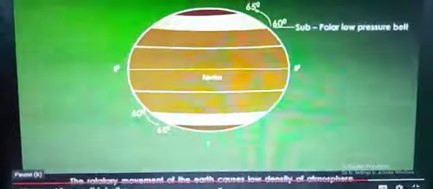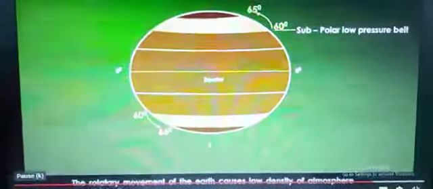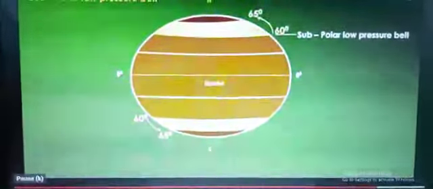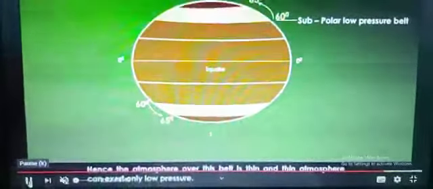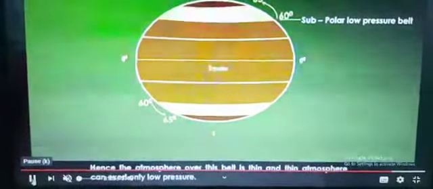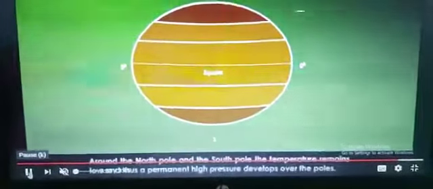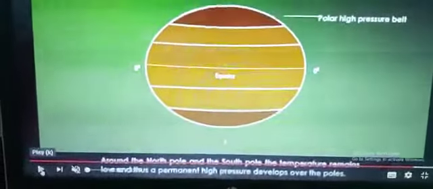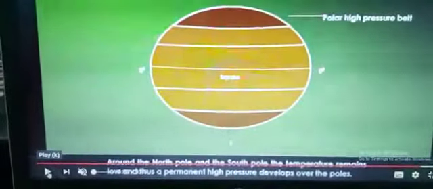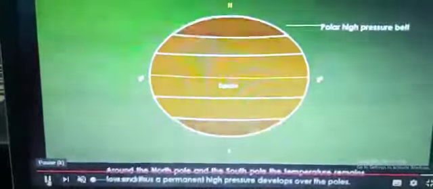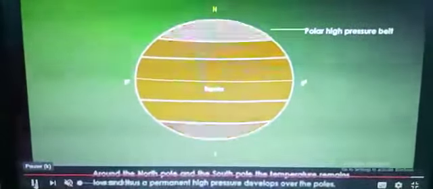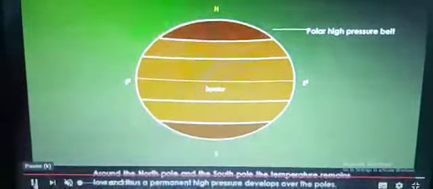The last one is the polar high pressure belt, children. From the name only you can make out that this region lies in the polar region, toward the northern and southern parts of the earth. At the north and south poles, between 70 to 90 degrees north and south, the temperature is always extremely low because it is very cold.